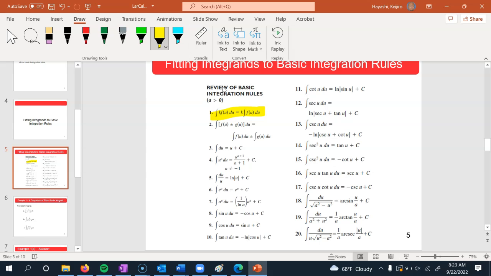There's a constant multiple rule. If you have a constant multiple inside the integral, you can take it out or put a constant multiple inside the integral from the outside as freely as you want. If you have an integral with multiple terms in the integrand, you can split that up into separate integrals.